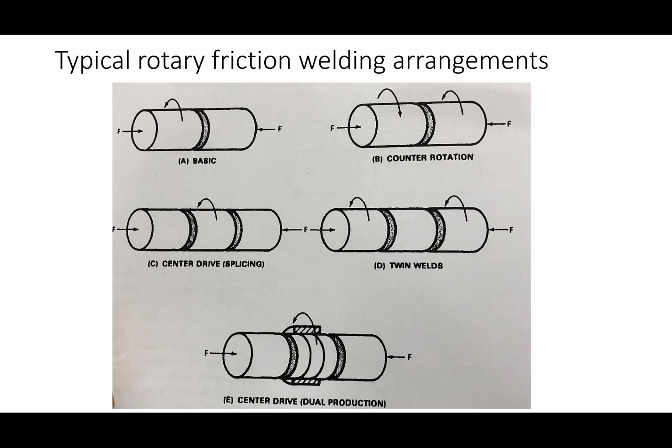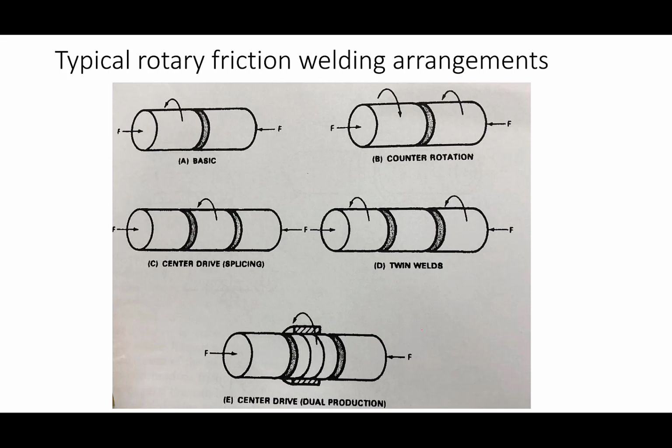Now, as I was telling, even for rotary friction welding, there are multiple combinations possible, using which you can develop a joint. These combinations may be in terms of the rotation or placement of a third material in between.